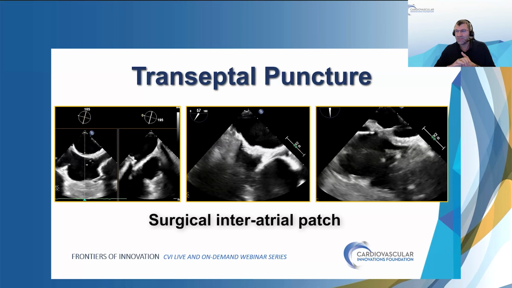The other thing I did, and that may not work for this very thick patch, is I sometimes go up with an upfront SAFE-SEPT, and that goes to the left upper pulmonary vein, creating a rail from the septum to the left upper pulmonary vein, and allowing all the exchanges without interacting with the vegetation. So those are things to maybe avoid dislodgement.